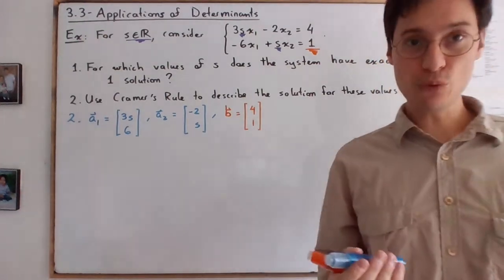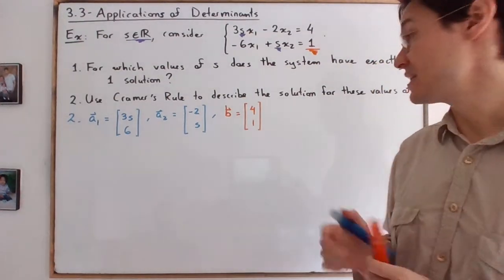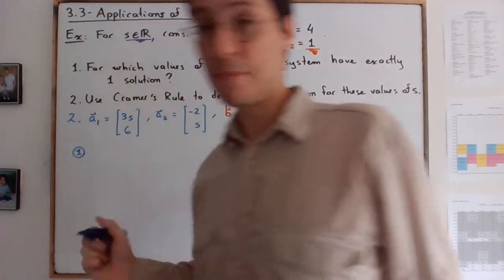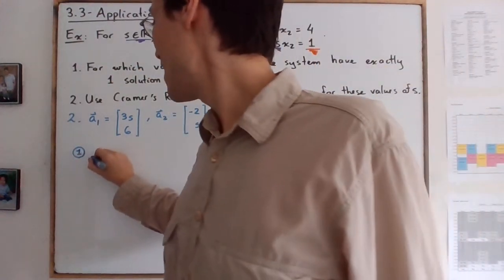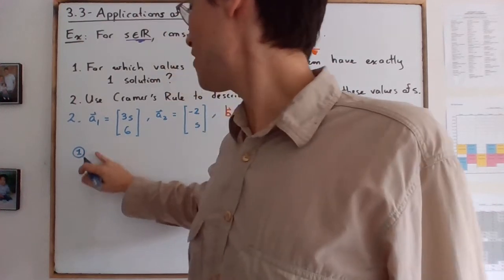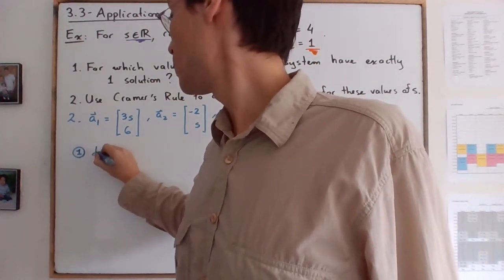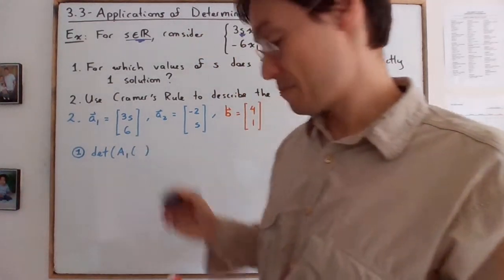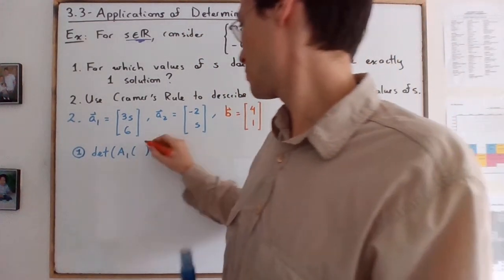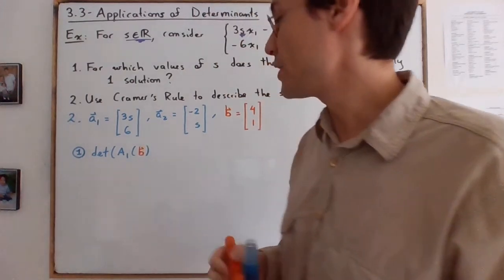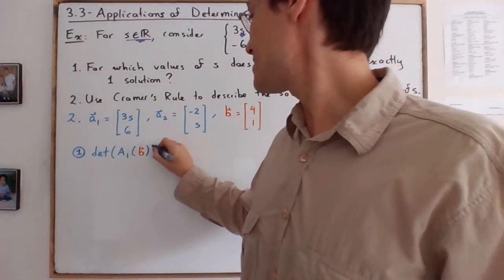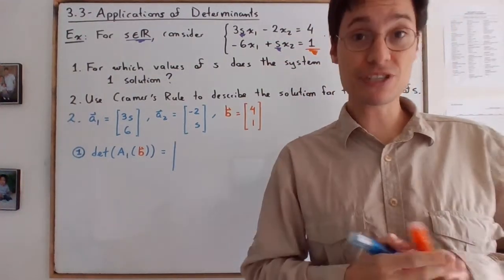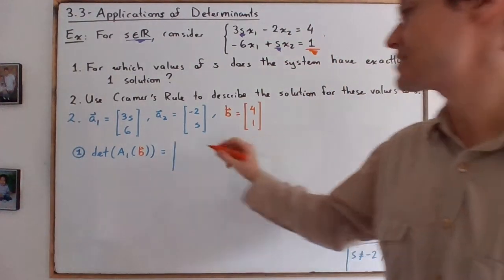What we have to do is compute all of the ingredients. First, we calculate the determinant of A1b, which you should remember is the determinant you get by replacing the first column of the coefficient matrix by the vector b.